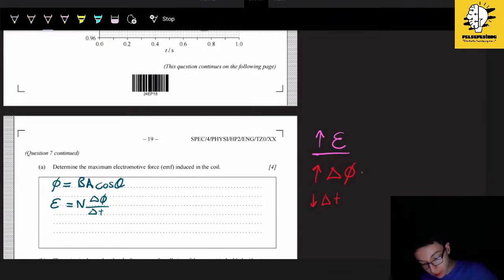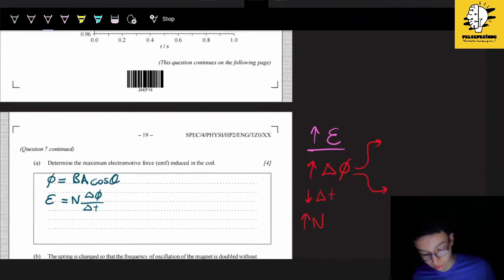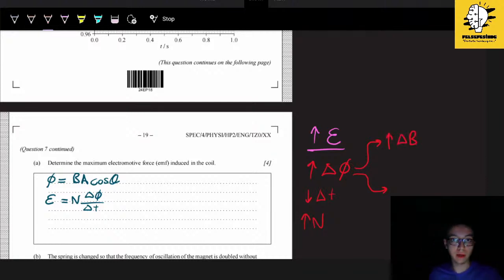For high change in phi, also high number of coils, number of coils have to increase. So again, if I would like to change my phi, right, high change in magnetic field, or I should have higher change in cross-sectional area, or I should have better orientation.